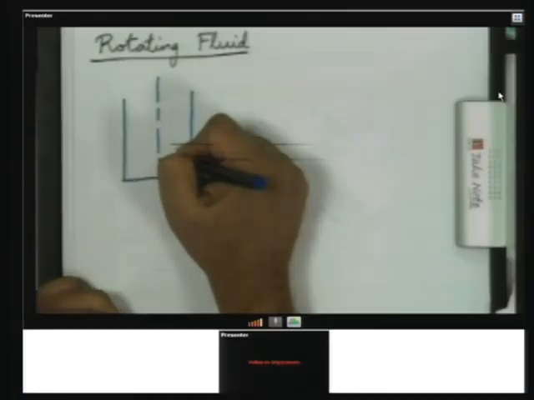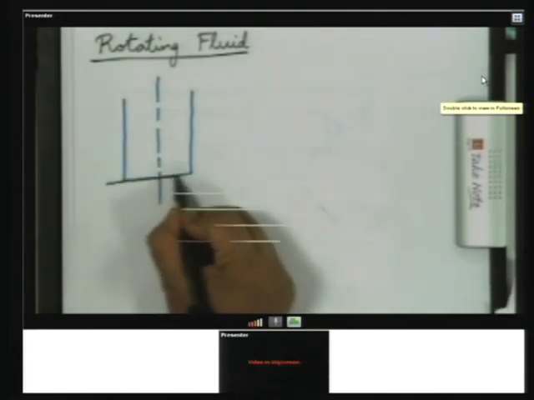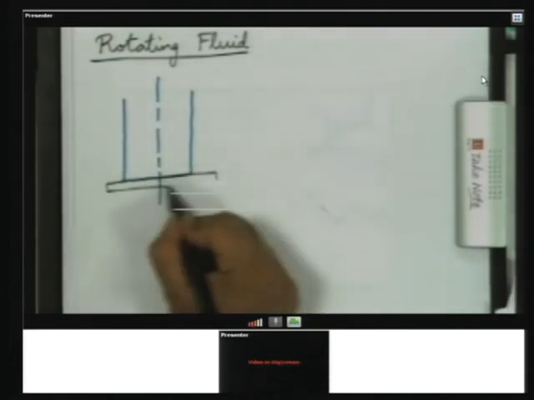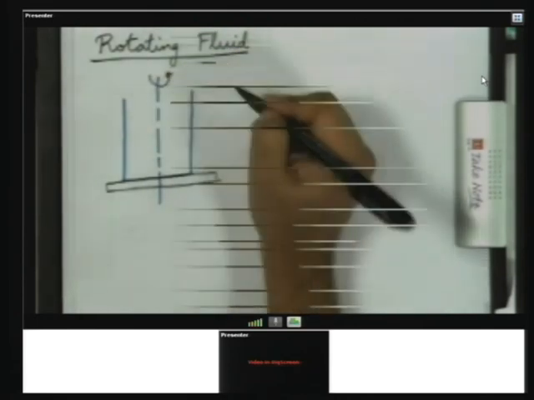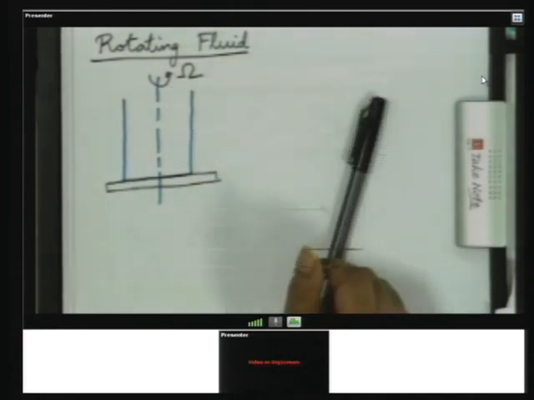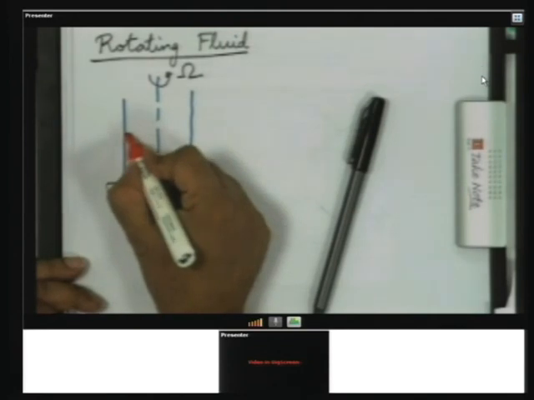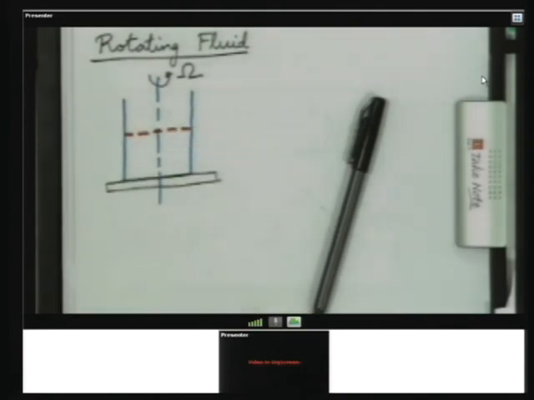This dashed dot line, as you know, denotes the center line. Suppose this is mounted on a turntable and we start rotating this turntable with a constant angular velocity omega. Now, suppose the water level when omega is 0 is given by this dotted line.